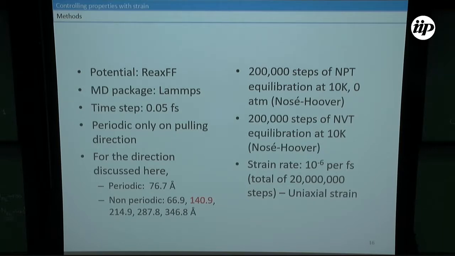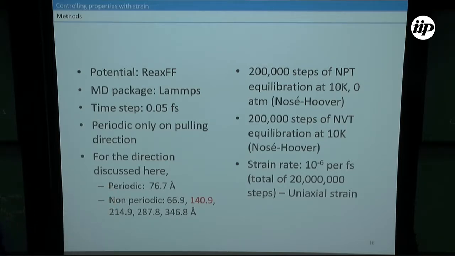So we decided to do the thermalization using a thermostat and barostat, but to turn it off when we are doing the pulling simulations. Since you're using NVE and you're applying uniaxial strain, you want the material to be able to relax and compress in the perpendicular direction when you're pulling it. We are using periodicity only in the direction that we're pulling, and the other direction is non-periodic.